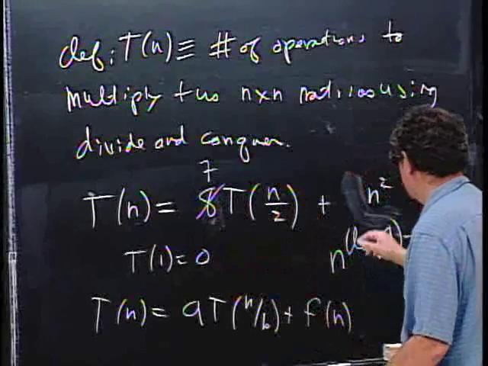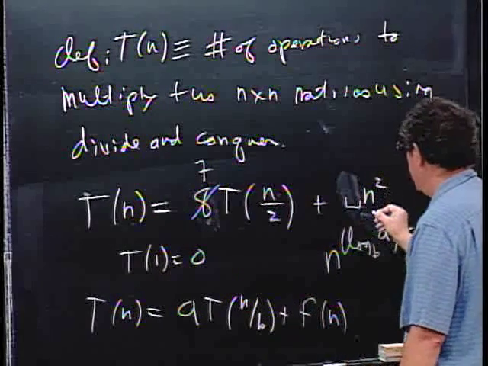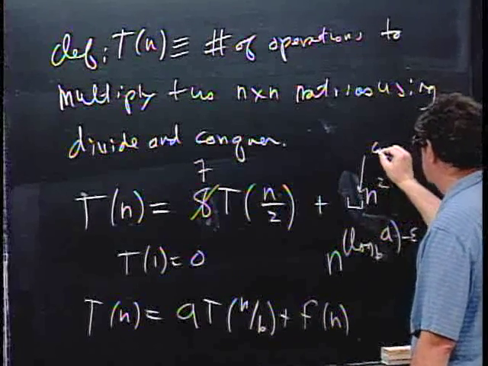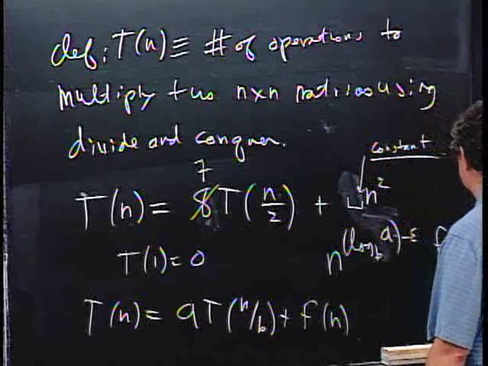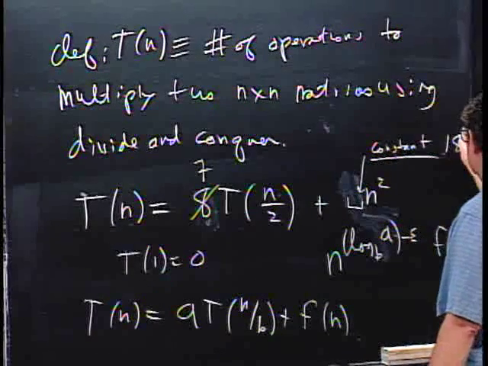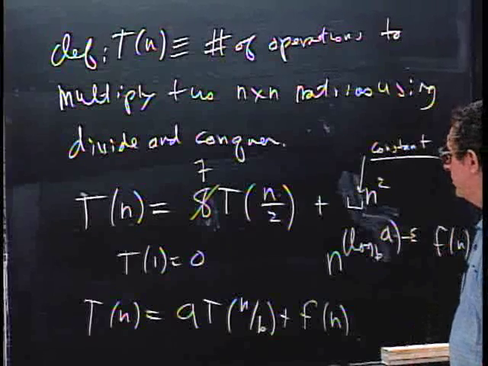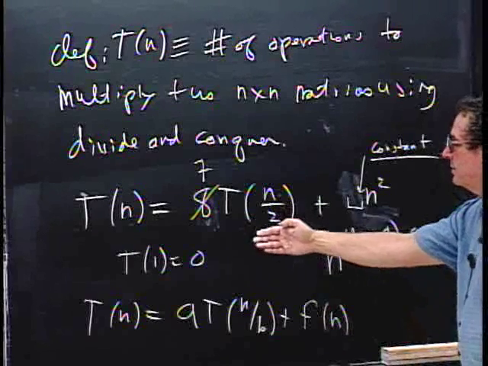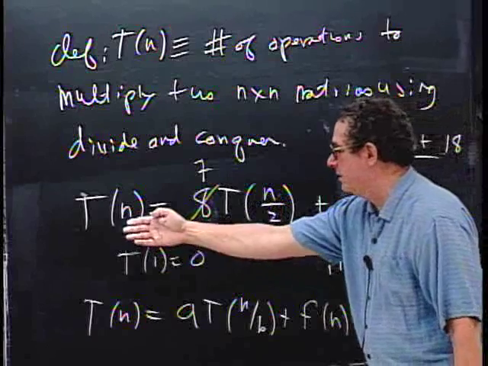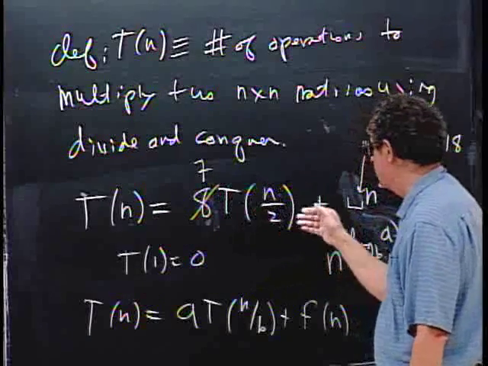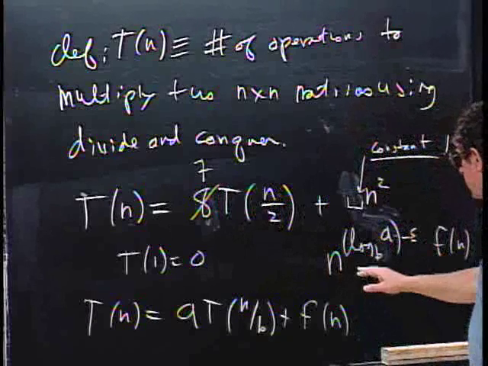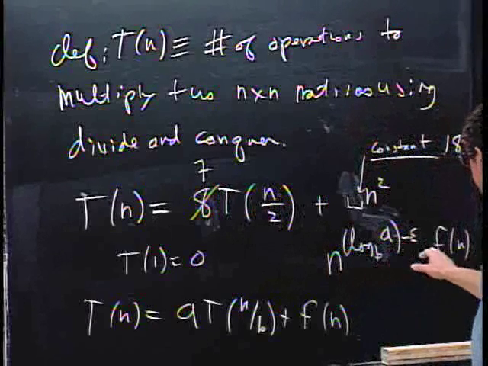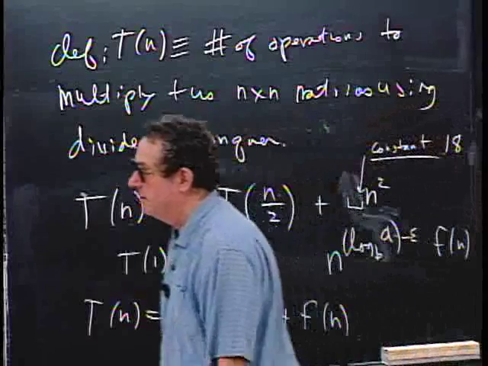And here, it's not going to matter what this constant is. It'll turn out that the constant is going to be 18 in the method that I'll show you, but it won't matter. If you take a look at this recursion, T of n is equal to 7T of n over 2 plus 18n squared.